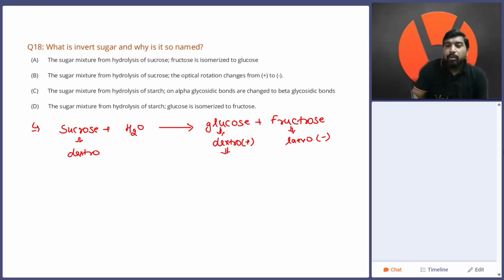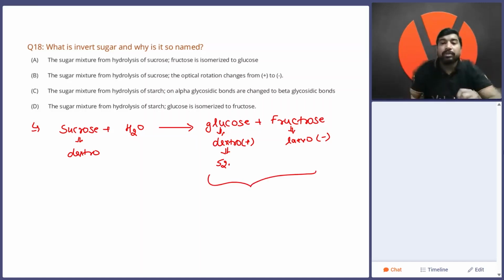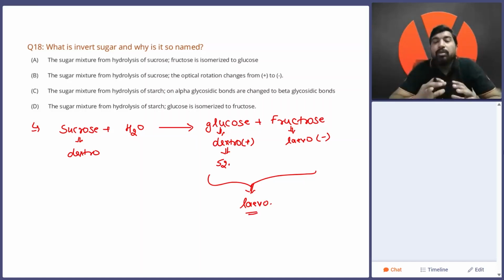I think the value of glucose is around 52.9, and the value of fructose is around minus 92. So ultimately, the final solution after the hydrolysis of sucrose is levo. It means the aqueous solution of sucrose will become levorotatory.